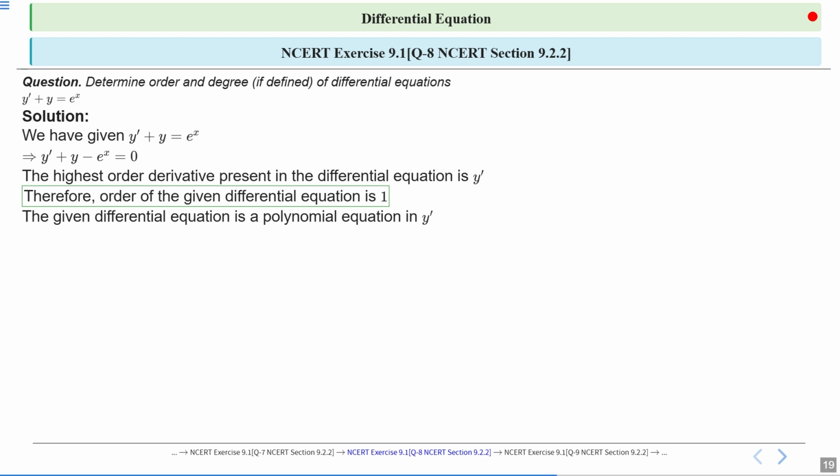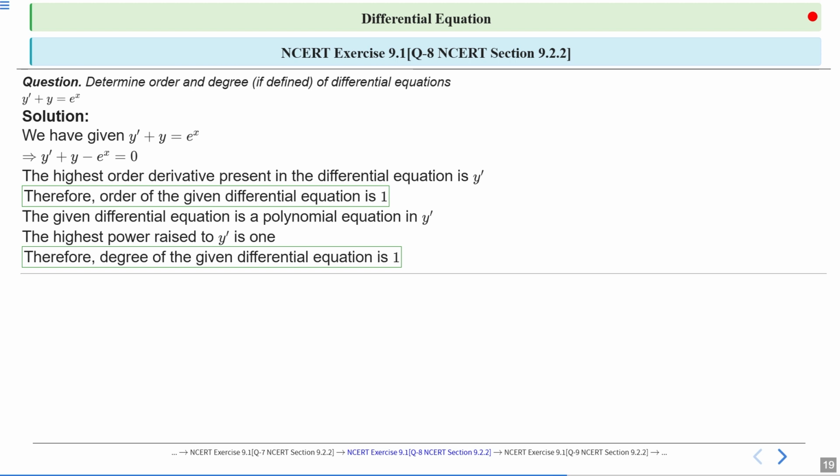If there were an equation like e to the power y', then this would not be a polynomial equation. But the exponential term here is eˣ. So the given differential equation is a polynomial equation in y', and the highest power raised to y' is 1. Therefore, the degree of the given differential equation is 1.